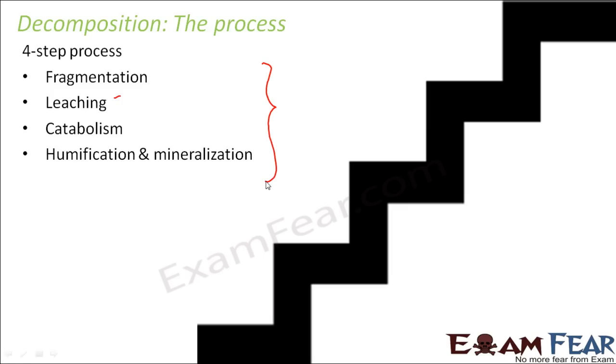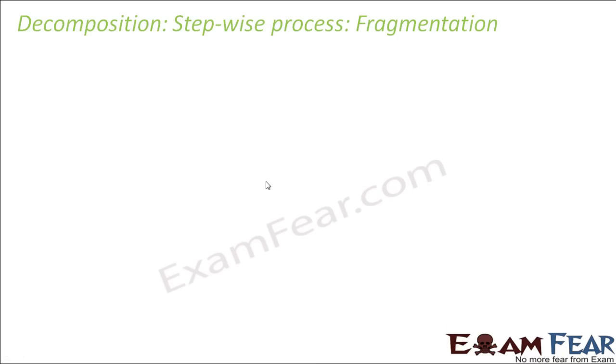Now we will spend some time to understand what happens in each of these steps. First we will start with the first step, that is fragmentation. What is the meaning of fragmentation? Fragmentation is derived from the word fragments. Generally the term would mean dividing something into small pieces or small fragments.